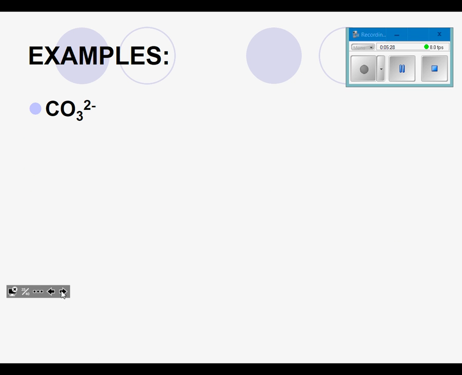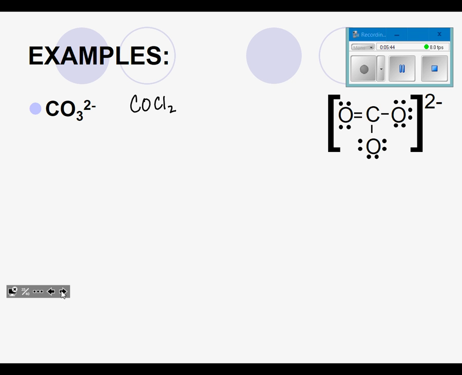And then our last one, and I really would have preferred to use a different compound versus an ion. We could have also used something like COCl2. That would have been another one that would have given us this shape, okay? Because instead of the oxygens right here and here, we could have had the Cl's.